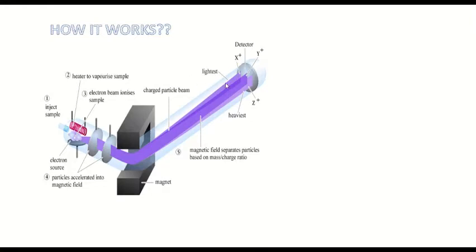Lightest ion dia ringan, jadi dia akan bergerak dengan lebih pantas, jadi dia akan lebih banyak deflected. Contohnya 35 klorin isotop, 37 klorin isotop. Siapa yang lagi berat? 35 klorin ke 37? Of course jawapannya adalah 37 klorin.